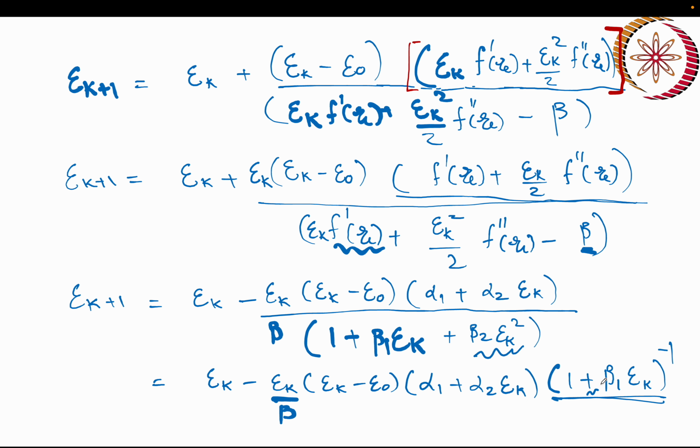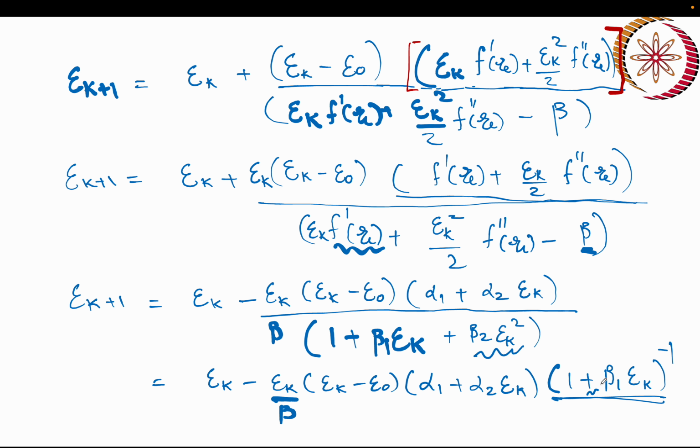So we are just neglecting these higher order terms, so it will be some a1 epsilon k plus 1. So we can see that this power is 1, so that's why the order of convergence is 1.